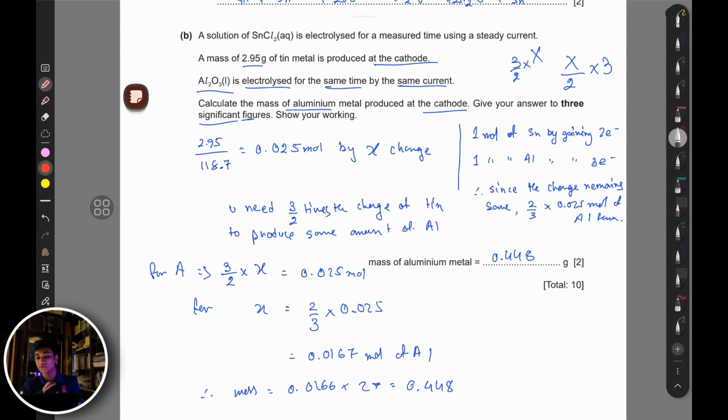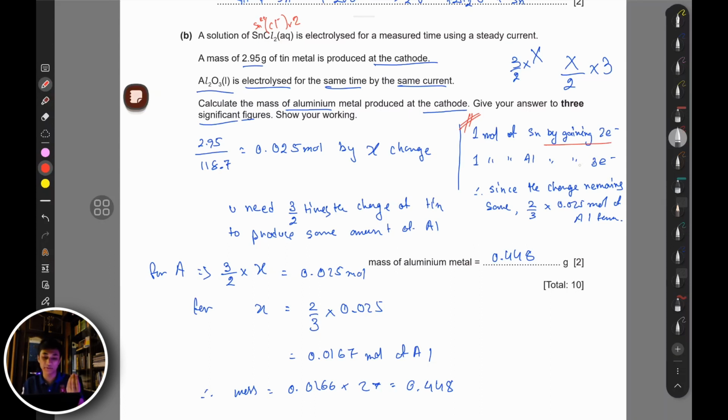Now let's look at a bit of a ratio between tin and aluminum. What's happening with tin is you have Sn2+ as your reactant, and for tin to be produced, Sn2+ needs to gain 2 electrons.